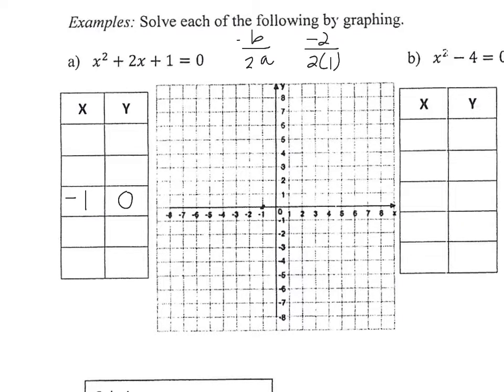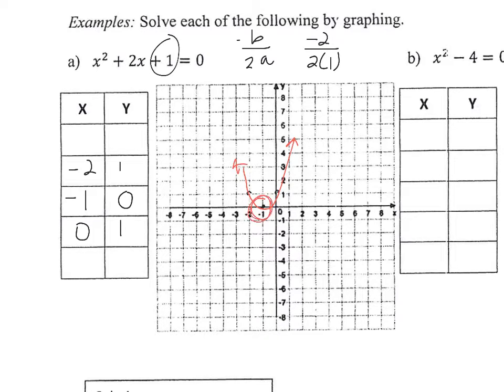Now I'm going to plug in 1 less and 1 greater. So if I plug in 0, I get 1, because that's the y-intercept, which is the c value. So negative 2, 1, and 0, 1. So when I graph it, it looks like this. So when you're solving it, you're trying to find the x-intercept.